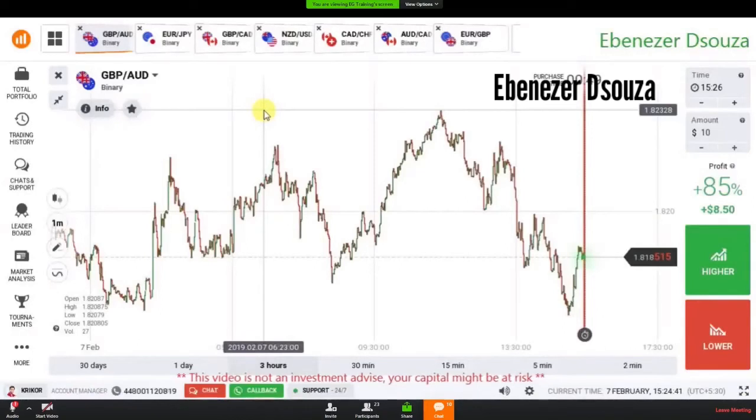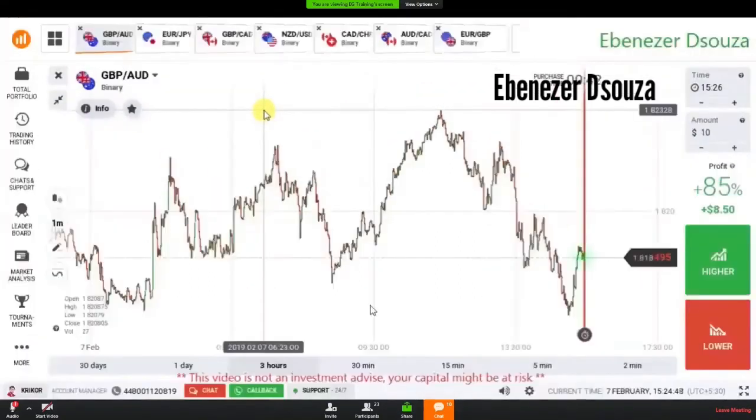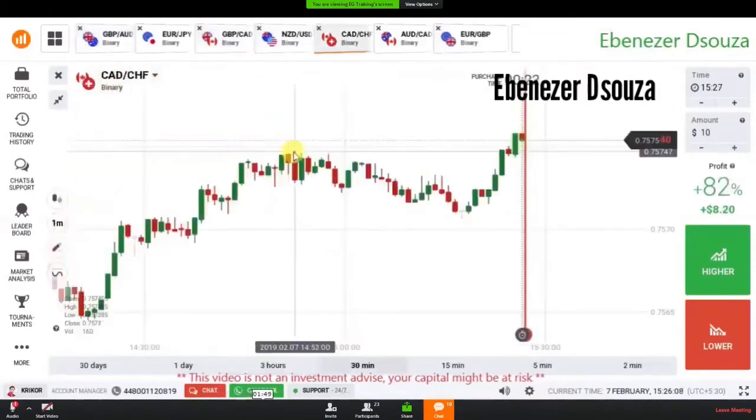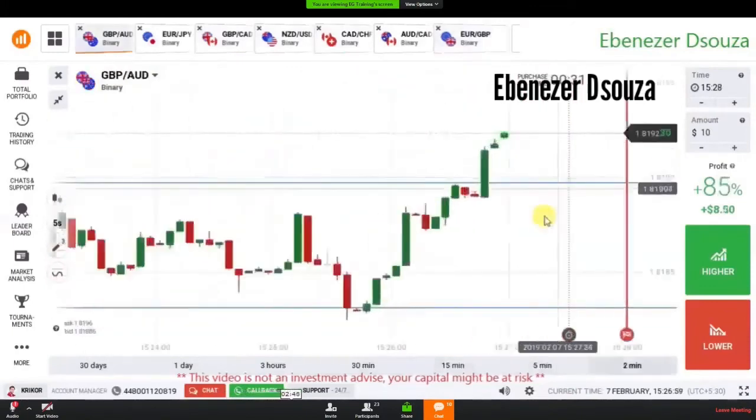So it's better to place your trade after breakouts. Now I will show you how to place your trade at buyers and sellers entry points.